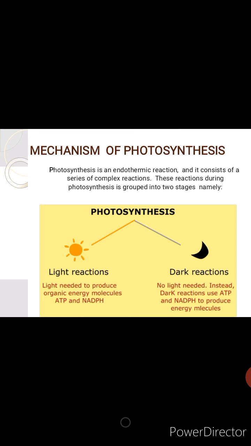In the dark reaction stage, no light is needed. Instead, the dark reaction uses ATP and NADPH to produce energy molecules. I know you are wondering what ATP and NADP are. Hopefully, as we continue, you will be enlightened on what ATP and NADP mean.